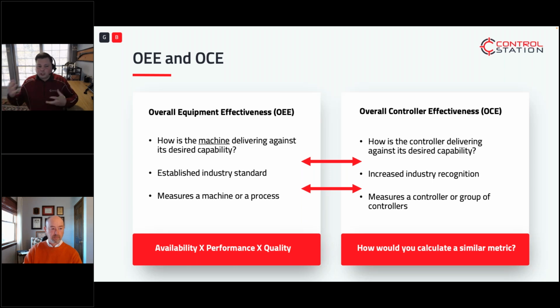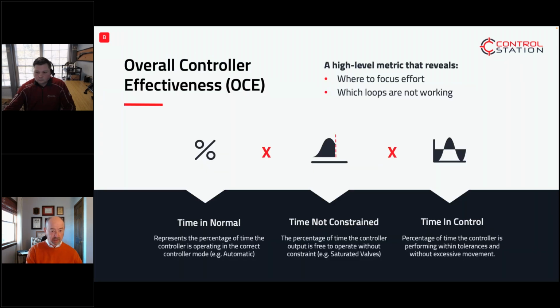And what George and I are going to talk about in this presentation is how we can do that, right? What are some of the different attributes and ideas that we can apply to controller performance to come up with a singular normalized metric that is easily explained and easily defended to the crew that you may have to explain this to. Right. So let's see on the next slide here.